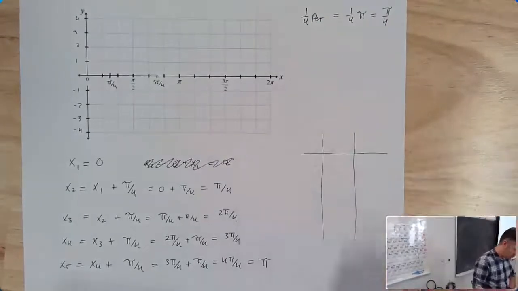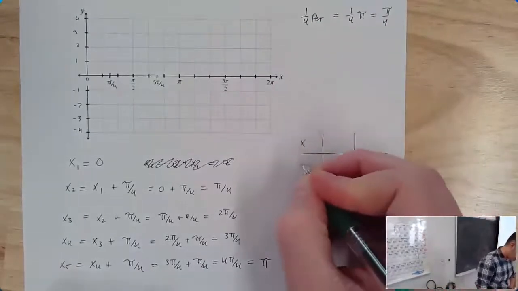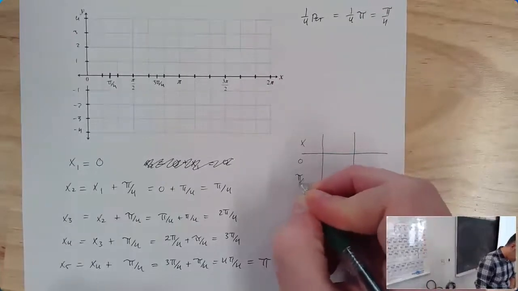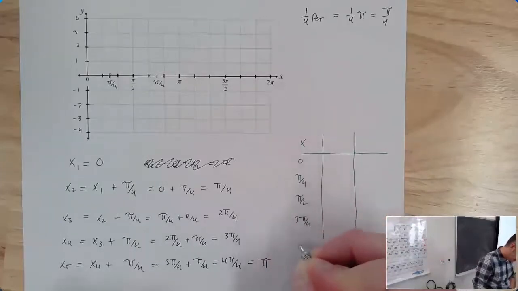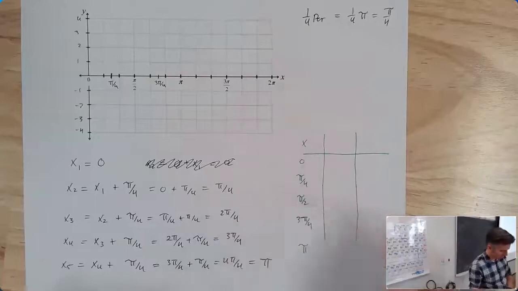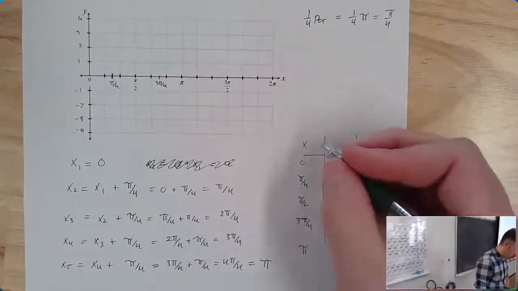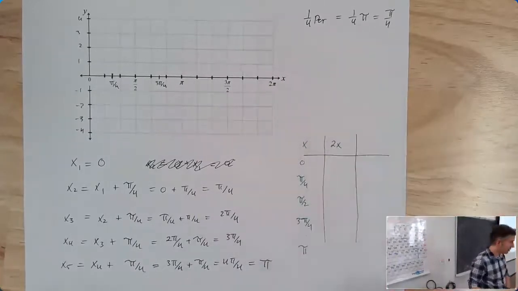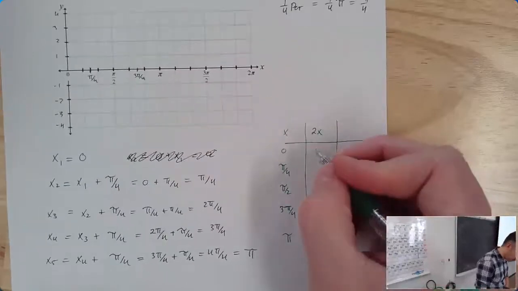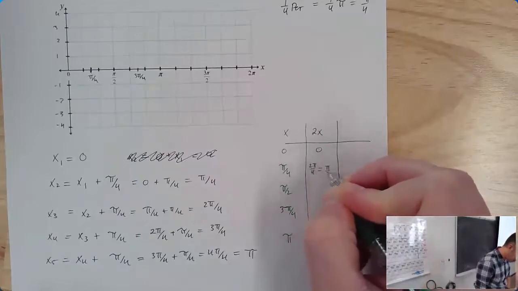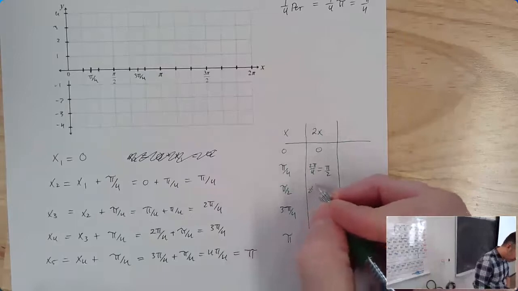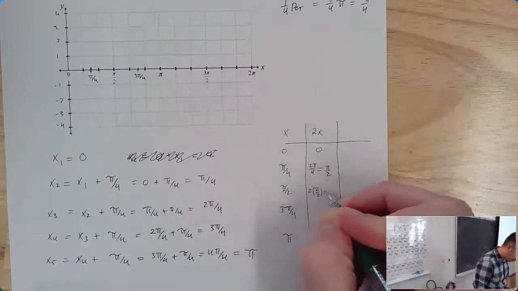Our angles were 0, pi/4, pi/2, 3 pi/4, and pi. And I reduced the 2 pi/4 to pi/2. And then if we multiply each of those by 2, 2 times 0 is 0, and 2 times pi/4 is 2 pi/4, which is pi/2. And 2 times pi/2 is just pi.